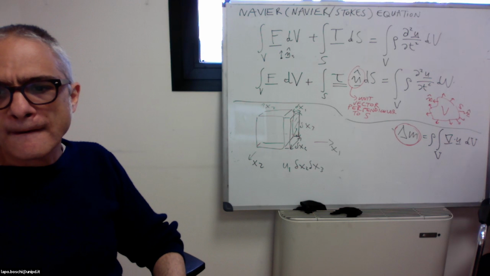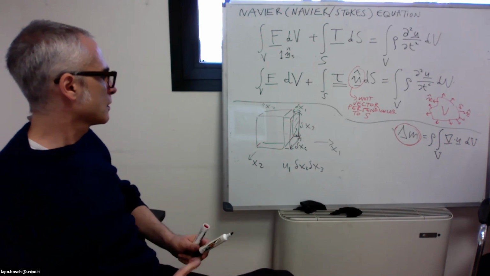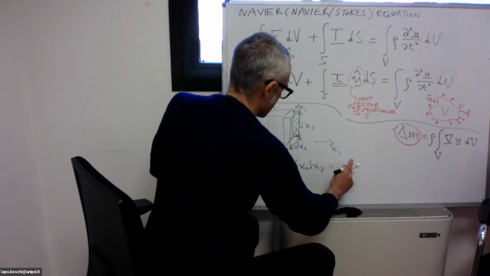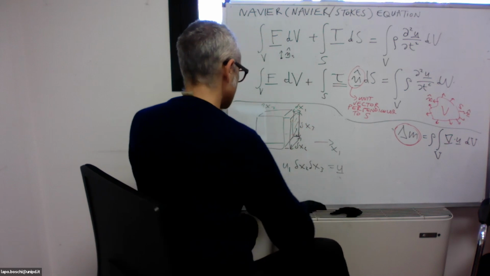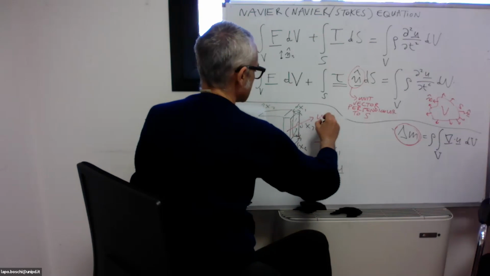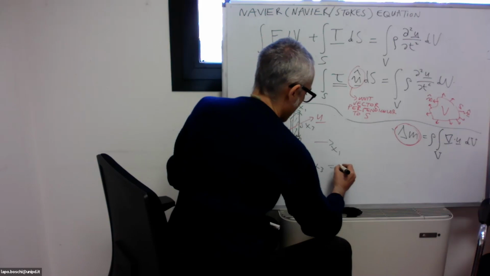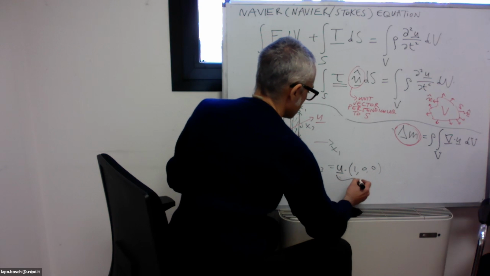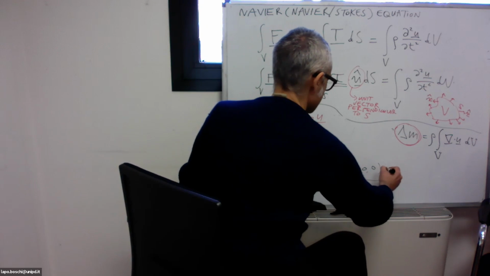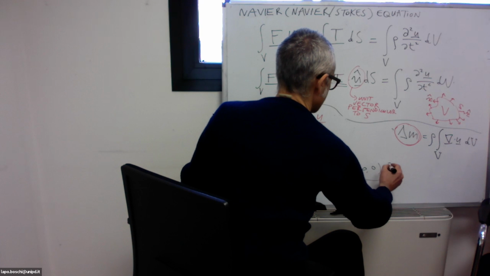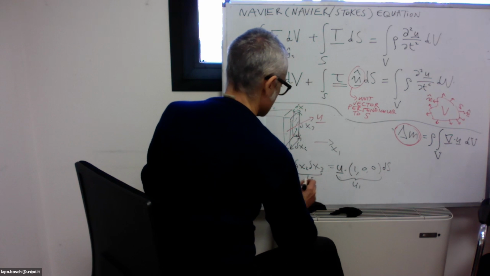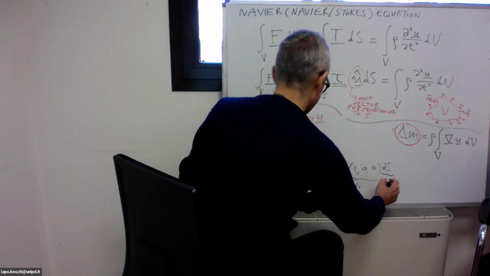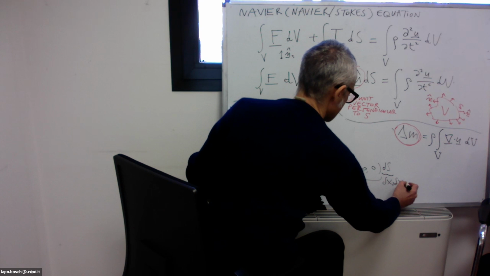So if, for example, consider that this is nothing but U, whatever the displacement is around here, multiplied by dot product with 1, 0, 0, so that we get U1 times delta S, which is nothing in this case, but delta x2 delta x3.